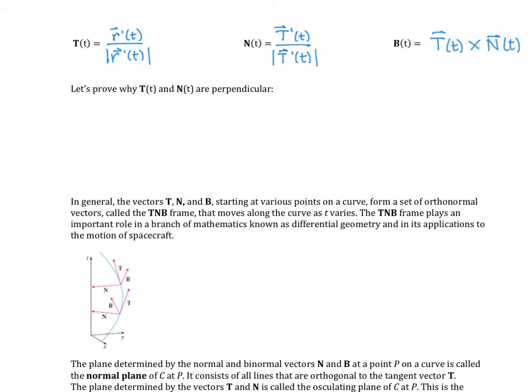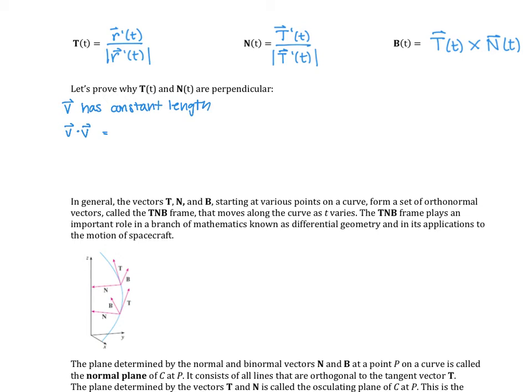Okay, so let's quickly prove that t and n are in fact perpendicular. Let's assume that we have some vector v that has a constant length. If we take the dot product of two of the same vectors together, we know the dot product is equal to the components multiplied and added together.